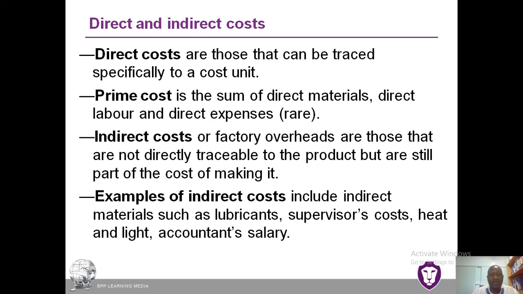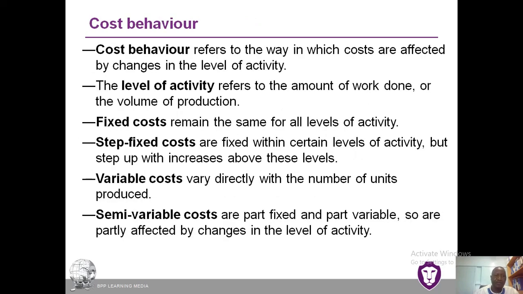But the cost of paying supervisors, the cost of other overheads, things like rent, will be indirect costs, because those costs cannot be directly traced to the product or the cost unit that is provided. The total of the indirect costs are called overheads. So what are overheads? It is the total of the indirect cost.